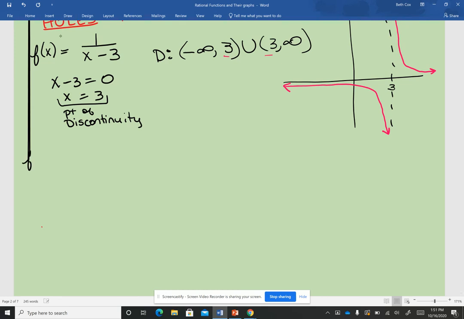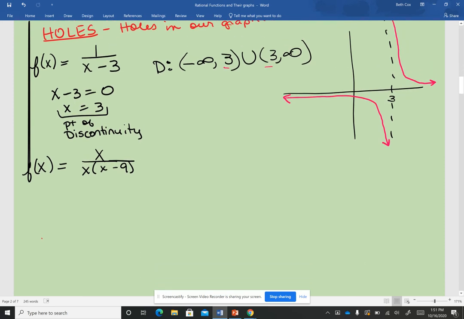Another example. This one says f of x is equal to x over x times x minus 9. Okay, now this one's going to have a vertical asymptote and a hole. Let me talk to you about what that looks like.